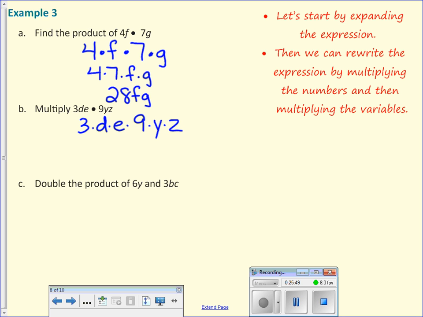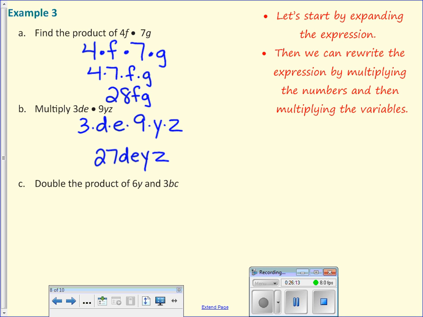If it's easier to expand it first, you can. 3 times 9 is 27, and then all the variables in order next to each other. As long as the directions tell you you don't have to expand it, you don't have to expand it.